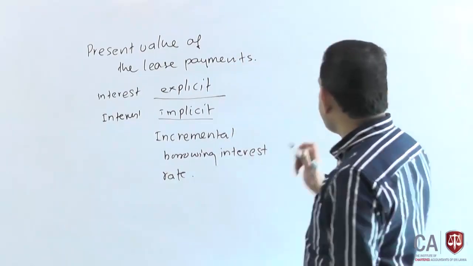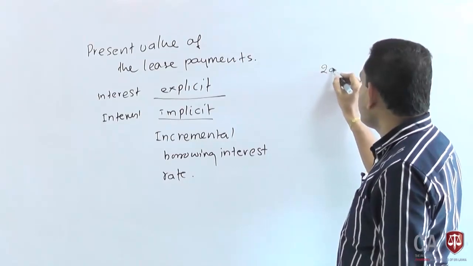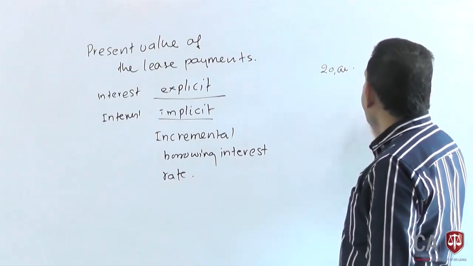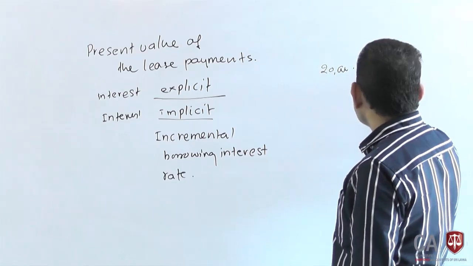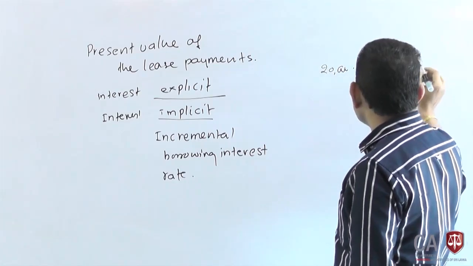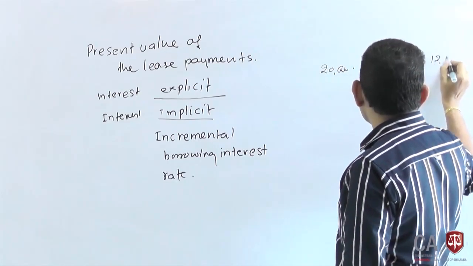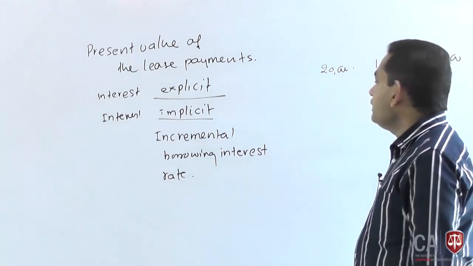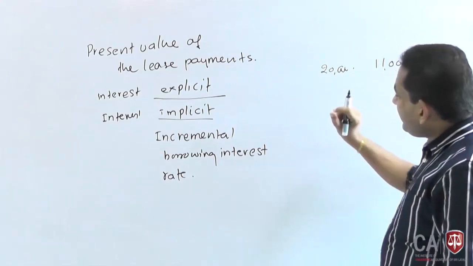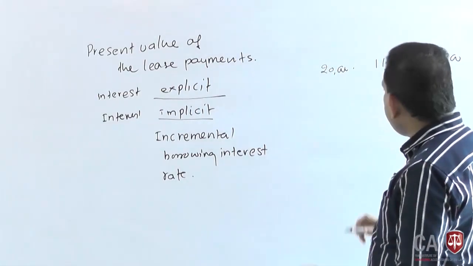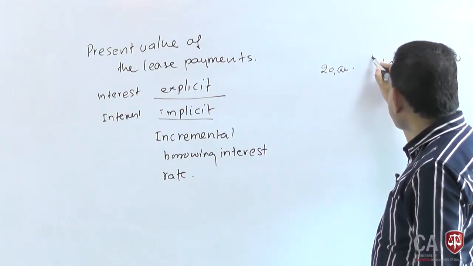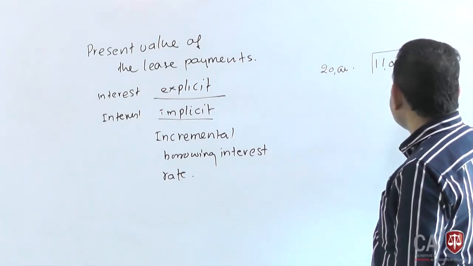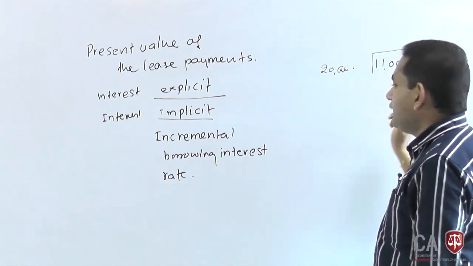So, say for a small example, the asset value is 20,000 rupees and the lessor is asking you to pay 11,000 rupees in 1 year's time and 12,100 in 2 years' time, and nothing else. So, the interest rate implicit in the lease is the rate which will make the present value of the future lease payments equal to the fair value of the asset.